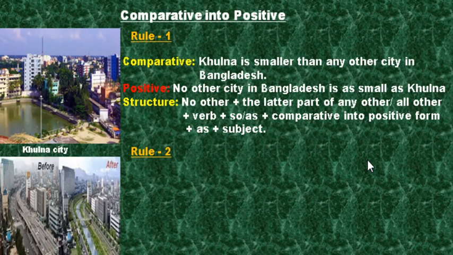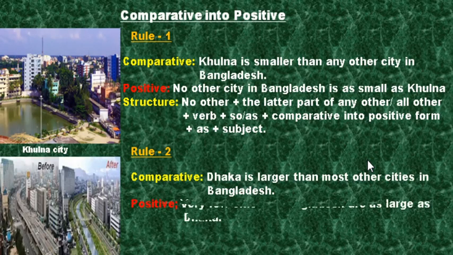Comparative into positive. You can see Khulna is smaller than any other city in Bangladesh. You have to make it positive. So how can you change it? At first, for positive, you have to use no other. Here is no one of the or very few; in the case of very few, I am not discussing that point.